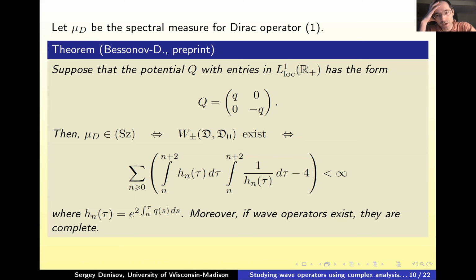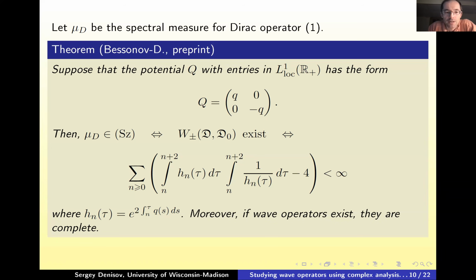If it comes from Dirac, it also has some extra assumptions, because in Dirac my coefficients are in L1 locally. I will not get into that, but other than that there are no restrictions. I want to look at the diagonal potential Q. So we studied Dirac with diagonal Q, and then the three statements are equivalent.